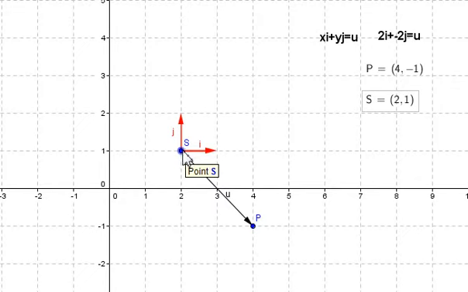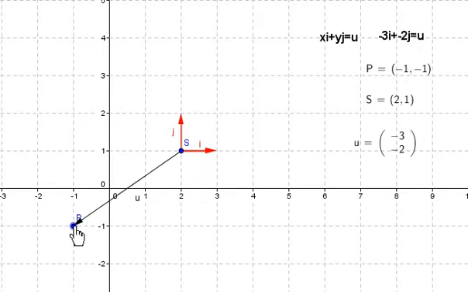can be represented as a sum of two vectors. One is going 2 units to the right, so it's positive. 4 minus 2 is positive, and 2 units down, which is negative 1 minus 1, which is negative 2. So you can see that this approach works also for negative coordinates.